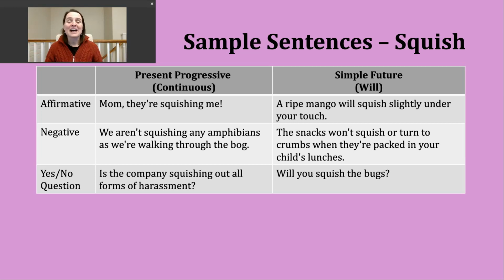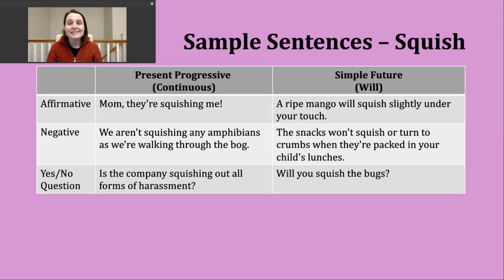So this sentence was offered a bit as a promise a company was making, suggesting that their food won't be pressed, it won't be smashed, it might not look weird or be difficult to eat. So we can very much see this as, again, being a promise for the future.